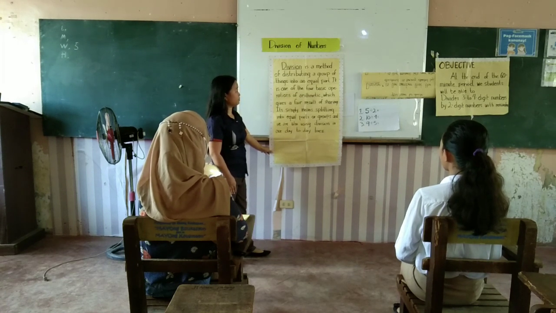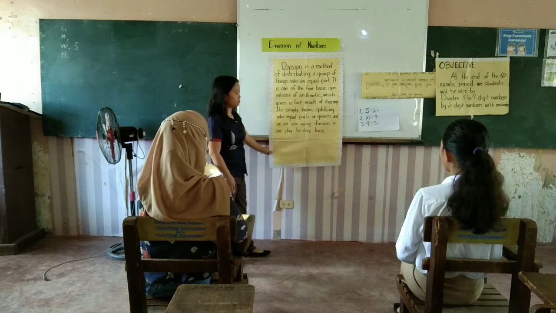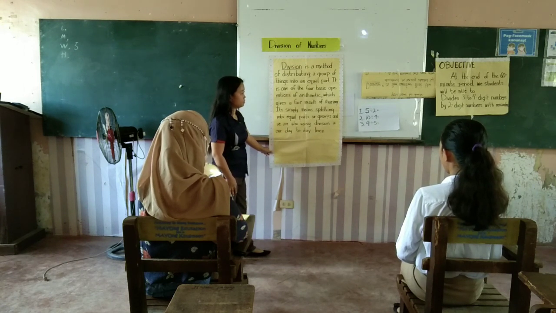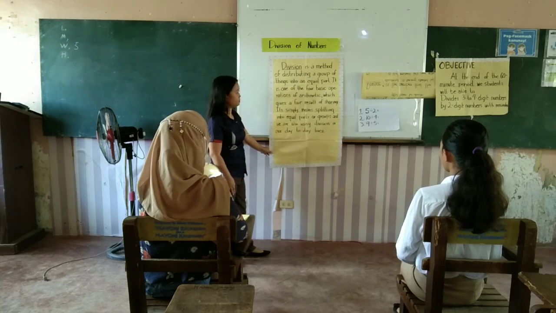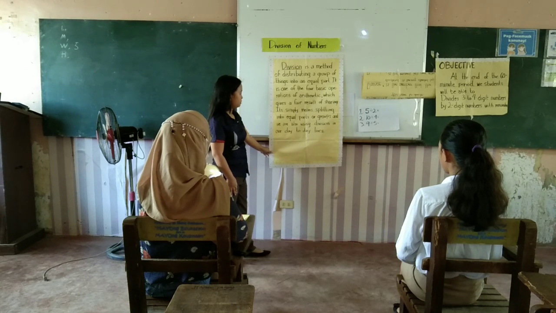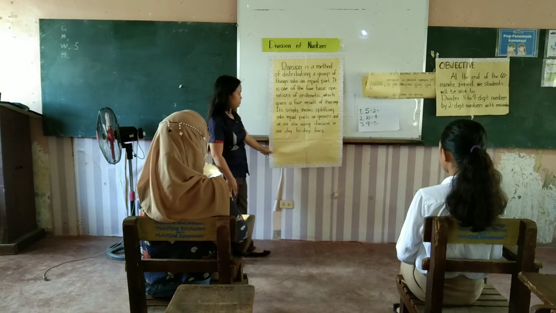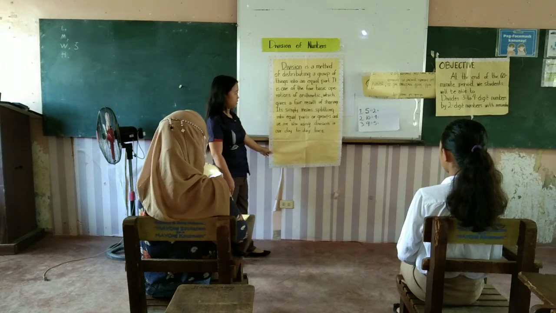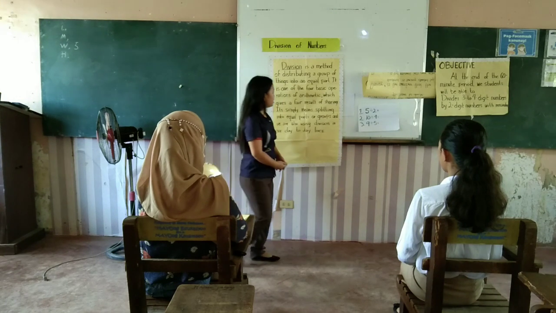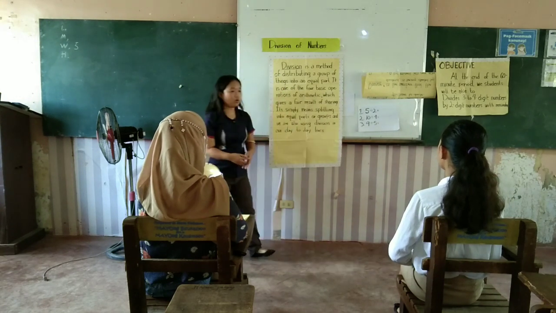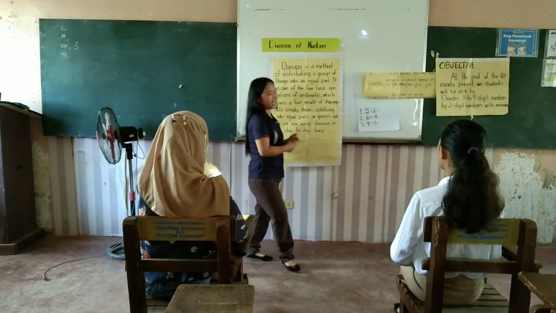It is one of the 4 basic operations of arithmetic, which gives a fair result of sharing. It simply means splitting into equal parts or groups, and we also use division in our day-to-day lives.